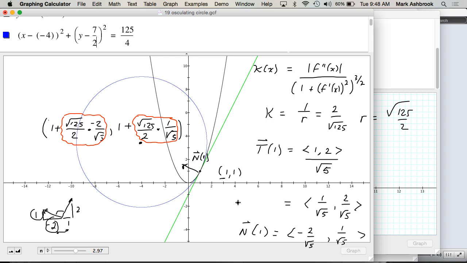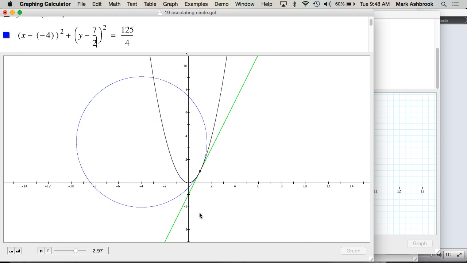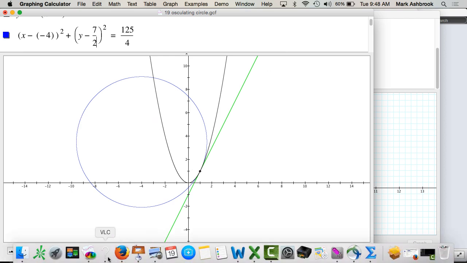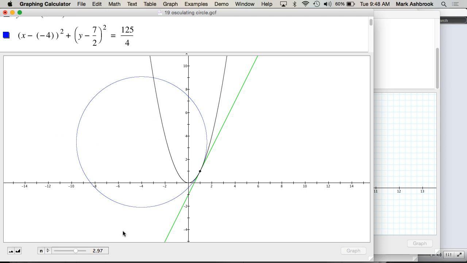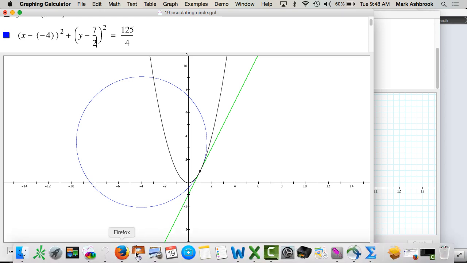Okay, so let's talk about acceleration. When I showed you the cool curve with the loop to loop, we saw that the acceleration vector was just kind of all over the place, right? Really, there was no rhyme or reason about where that acceleration vector was at any given time. That's because there's 2 components to acceleration.